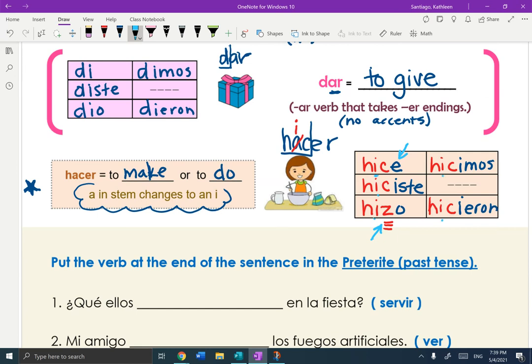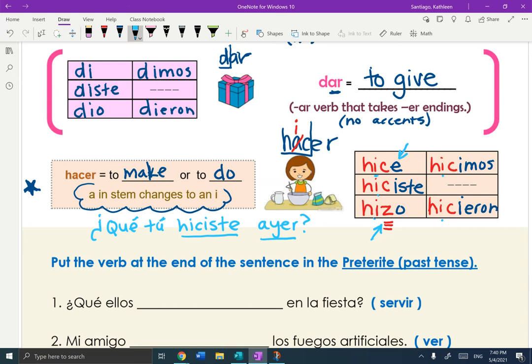Okay, so let's just review. How do we use this one? You're going to see it a lot like this, right? ¿Qué hiciste tú ayer? Okay, so this sentence really explains why we're doing this. Ayer, the trigger word for yesterday, past tense of hacer, and then it matches to: what did you do yesterday?